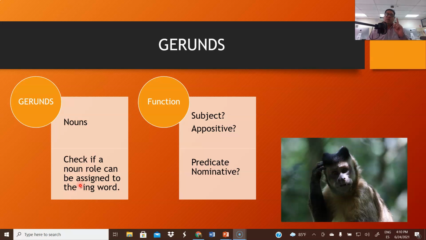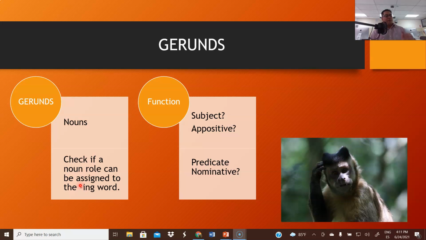The ing word has to be performing the role of a noun. Teacher, but you just said that a gerund is always a noun, so why do I need to be checking this? Well, because not every ing word is a gerund. And present participles are also ing words. We'll get there in a minute.